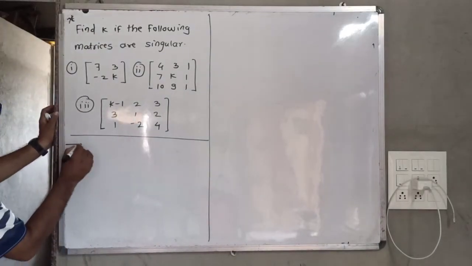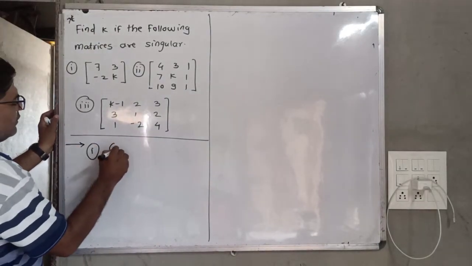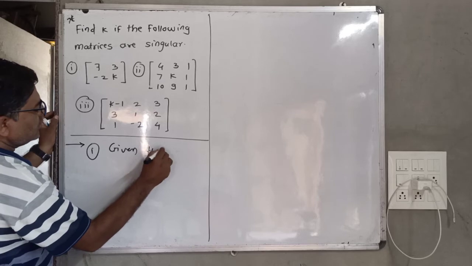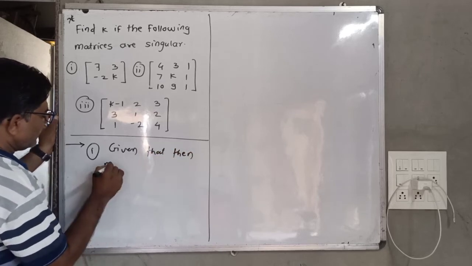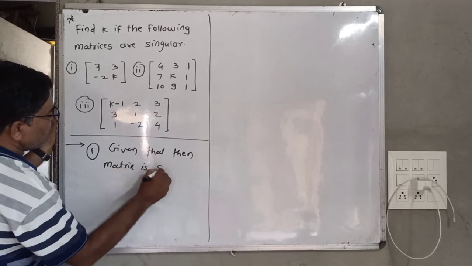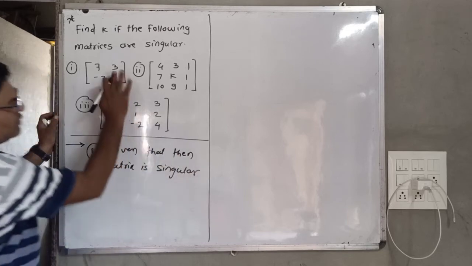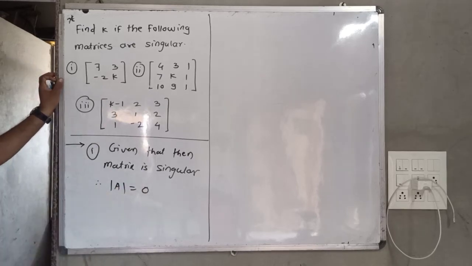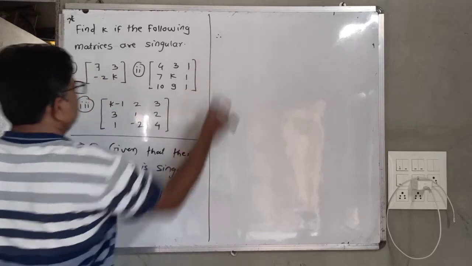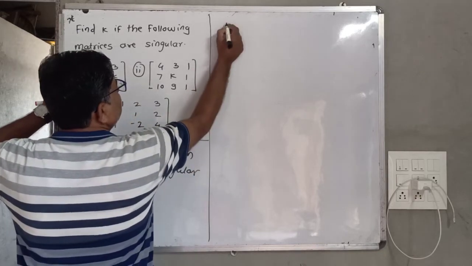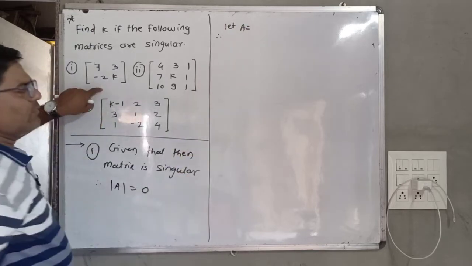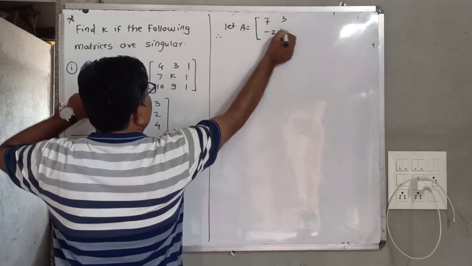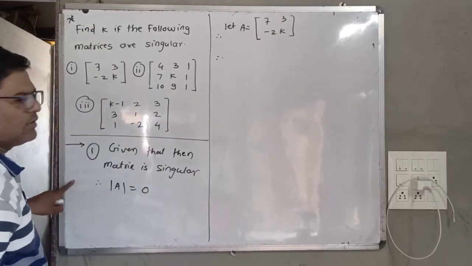Then for the solution, given that the matrix is singular, therefore we know the condition: determinant of A is equal to 0. Here let A equal to this matrix, 7 3 minus 2 k.